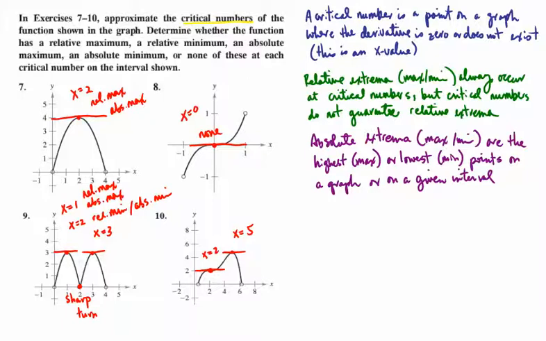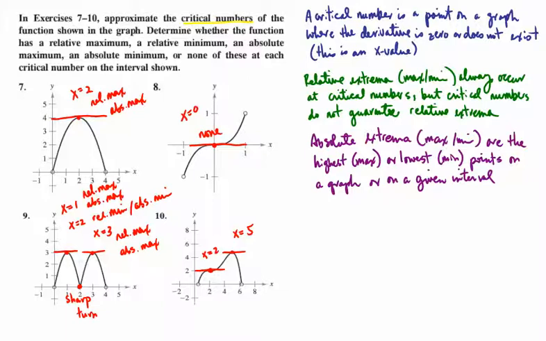For x equals 3, we have a relative max and an absolute max. So a point can be both higher than the points immediately to the left or right of it. It could also be the highest point on a whole interval or on a whole graph of a function. So you could be both a relative max and an absolute max.